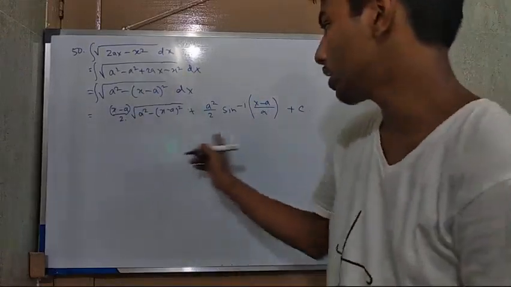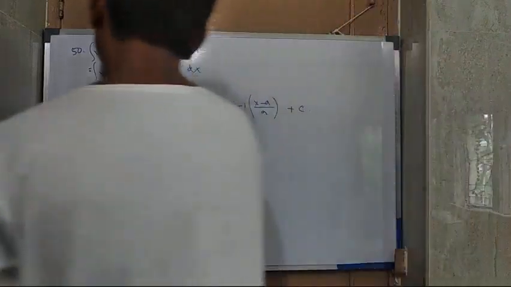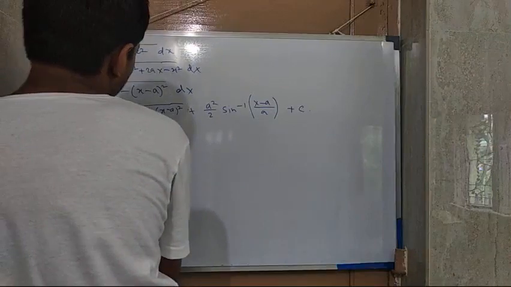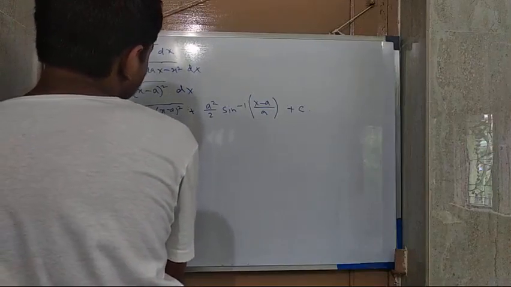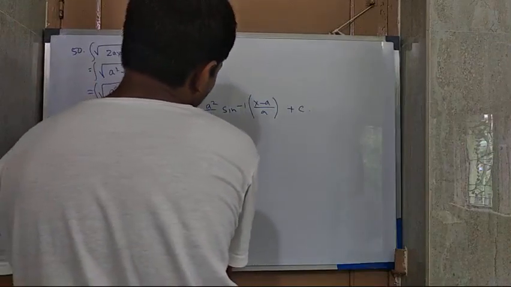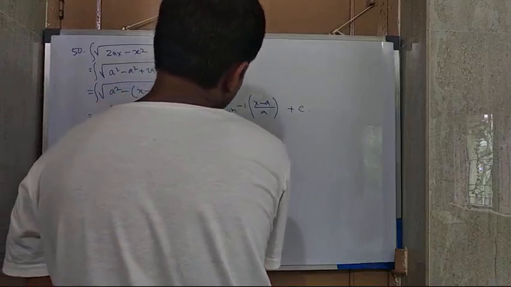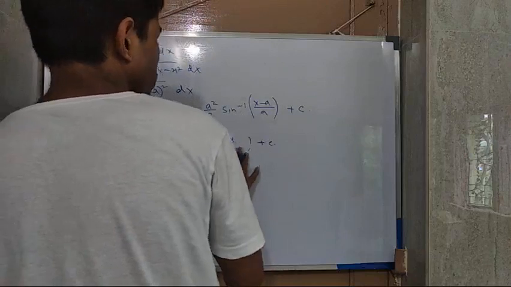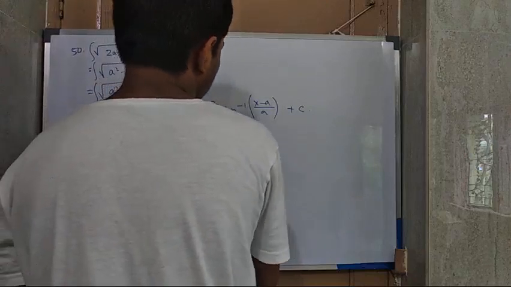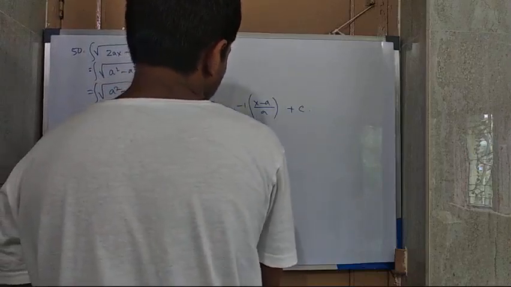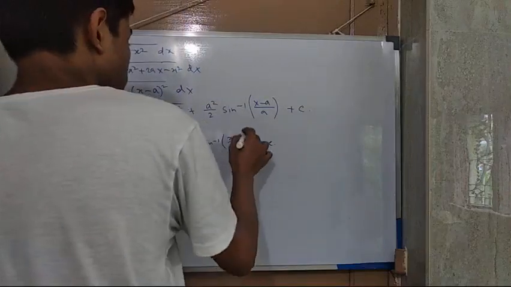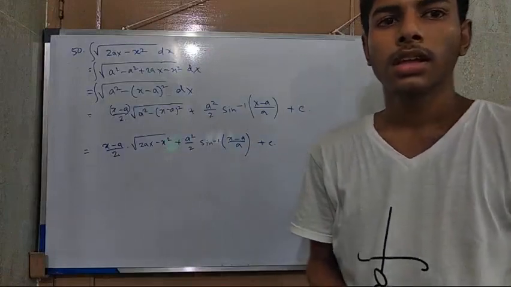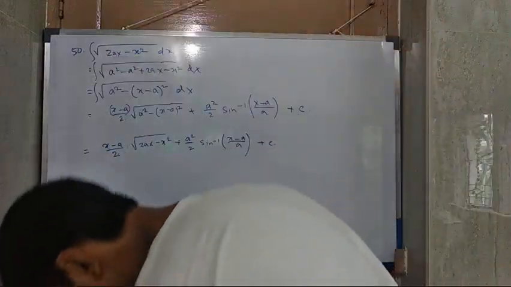You can simplify this as x minus a by 2 times root under 2ax minus x squared plus a squared by 2 sine inverse of x by a minus 1, plus c. So this is our 50th question of the day. Now let's proceed to the 51st.